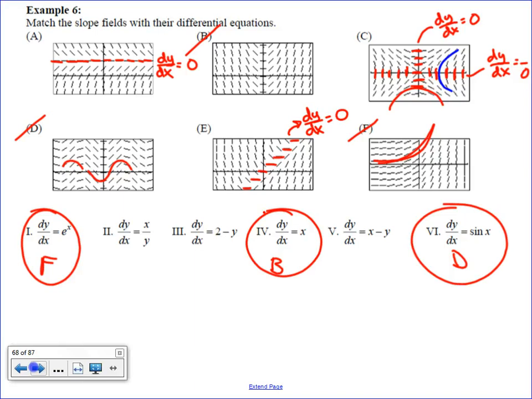Because, couple things. First of all, question, what is this line? What is this function? X equals 0. When x equals 0, dy dx has to equal 0 because x equals 0 is this line, right? I'm not saying the line is a part of the slope field. I'm just saying that line has all zeros of derivatives. Question, what's this line? Y equals 0.